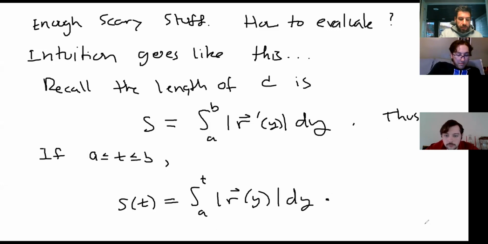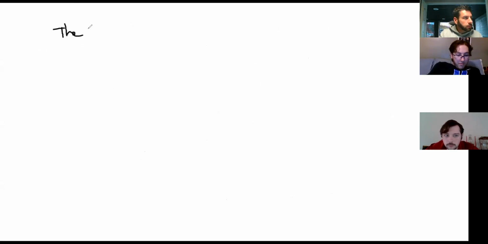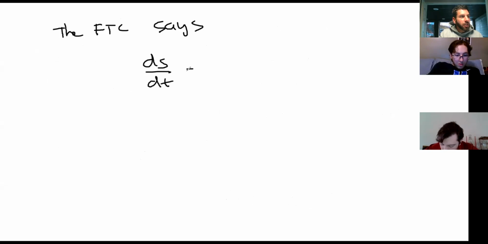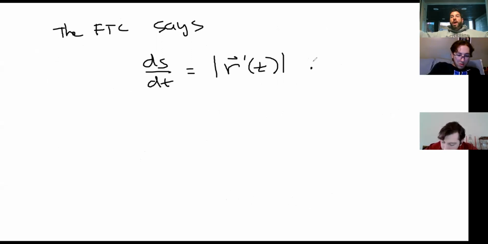So by the FTC, it says ds/dt is just equal to the length of r prime evaluated at t. That's what the fundamental theorem of calculus says. You go way back to Calc 1.